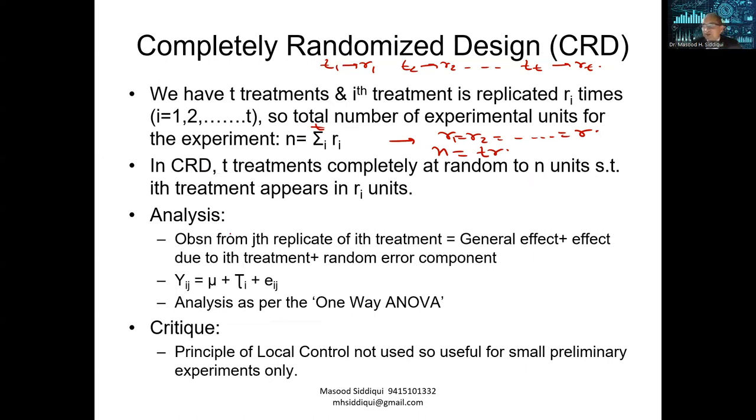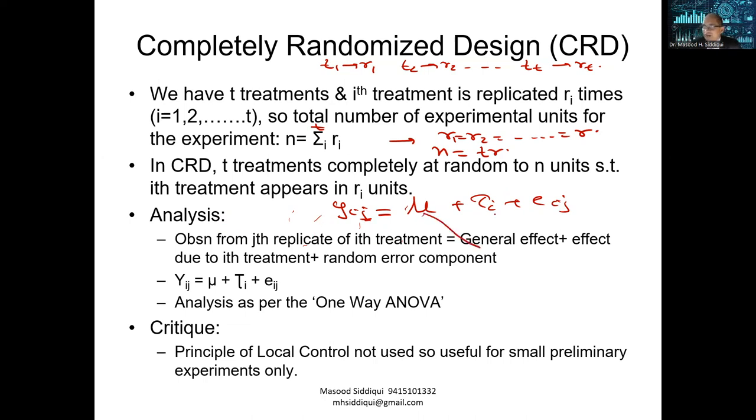Now, for the layout, we start with the analysis. Suppose we define Yij as the observation of the jth replicate of the ith treatment. It equals the general effect, mu, plus the effect due to the ith treatment, tau i, plus the random error component, eij. This is the model that we use.